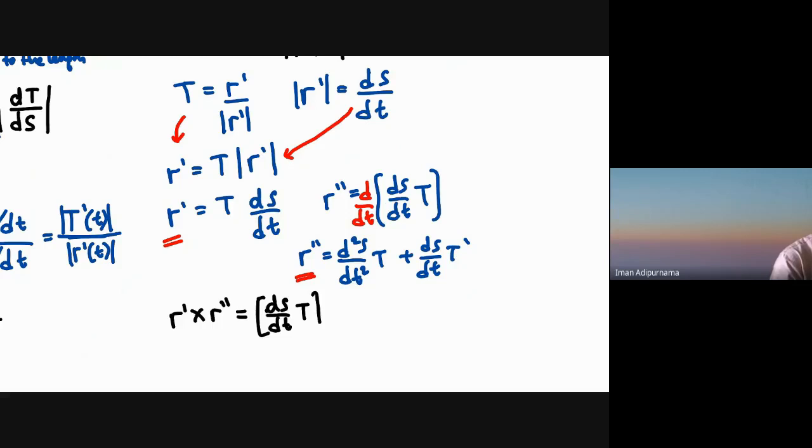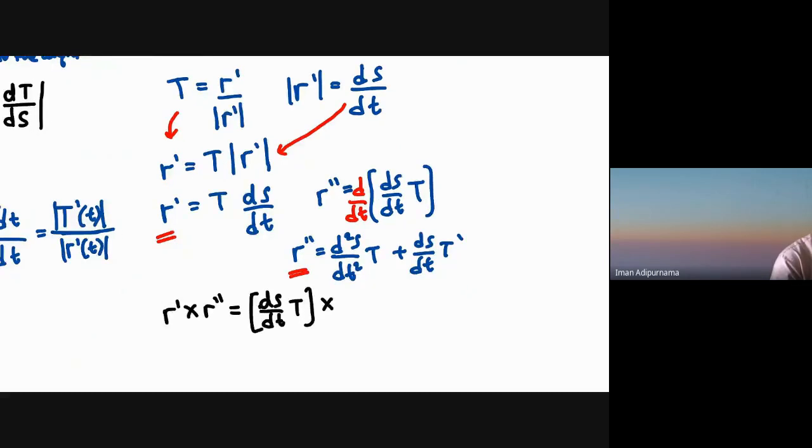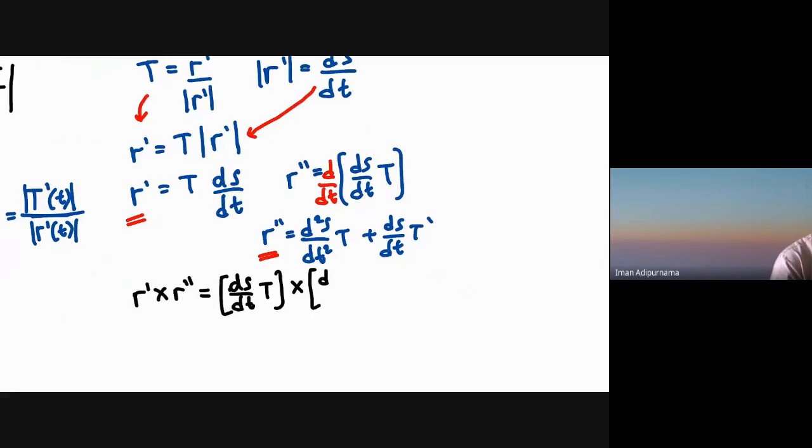Okay. And then cross this whole thing here. If you see in your textbook, there is some mentioning about this formula, but the book didn't prove anything. They just skipped some process there. So let me try to prove the whole thing.